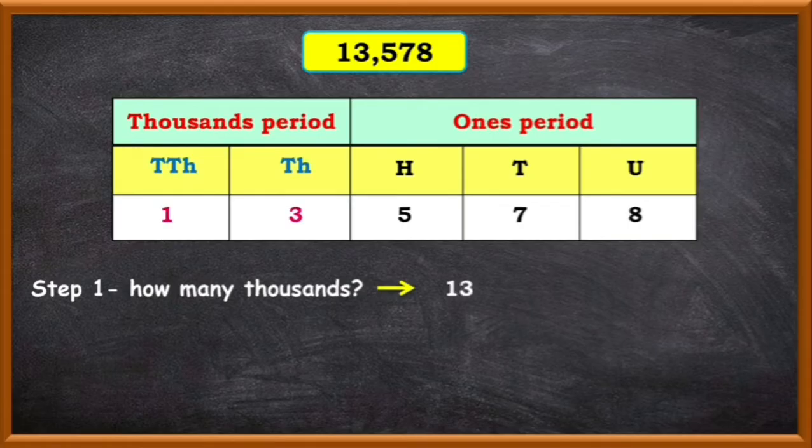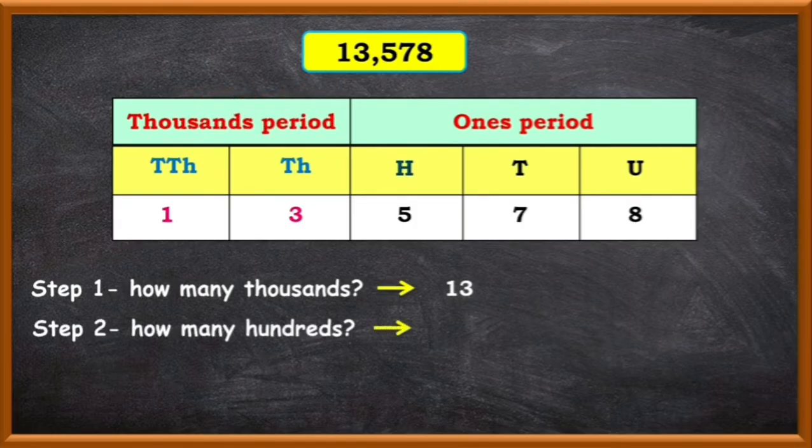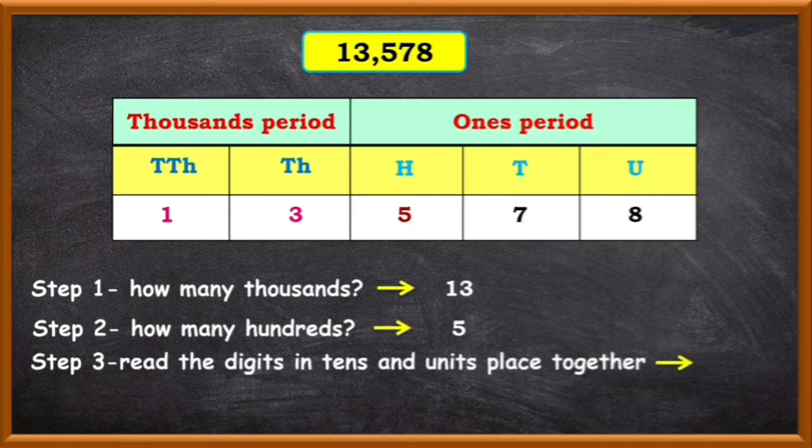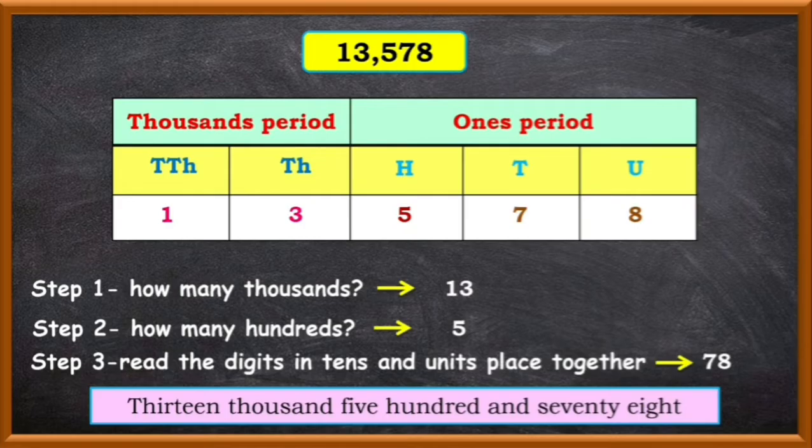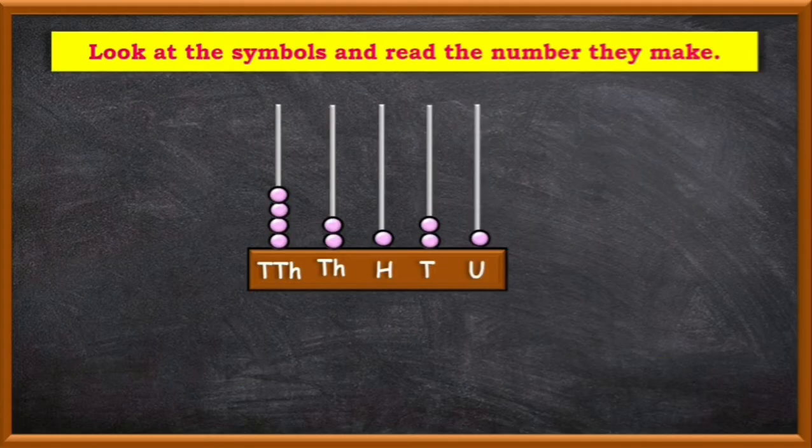Yes, there are 13 thousands. Now step 2. How many hundreds? 500. Step 3. Read the digits in tens and units place together. That is 78. So we will read this number as 13,578.